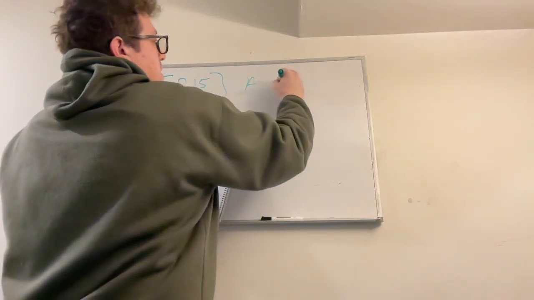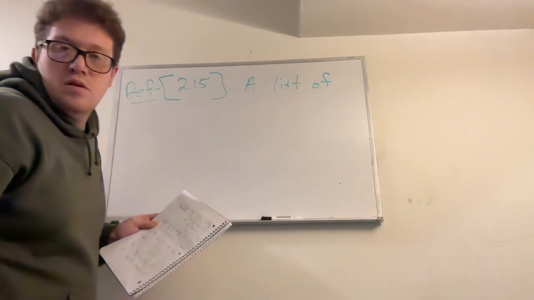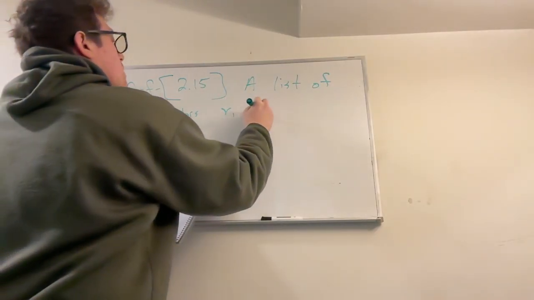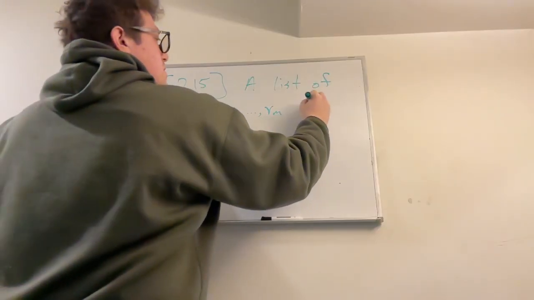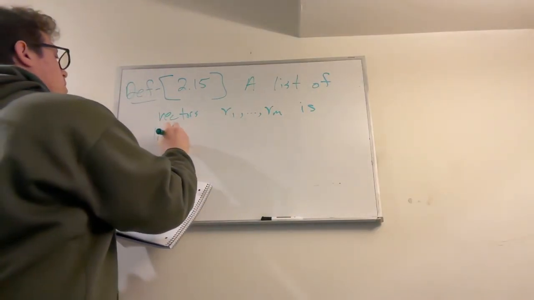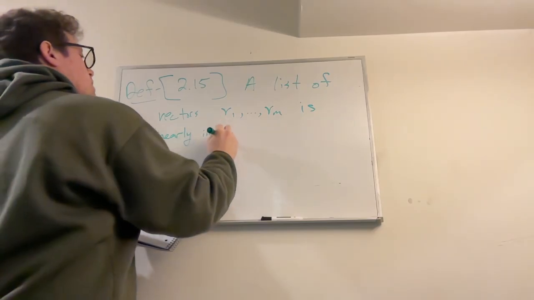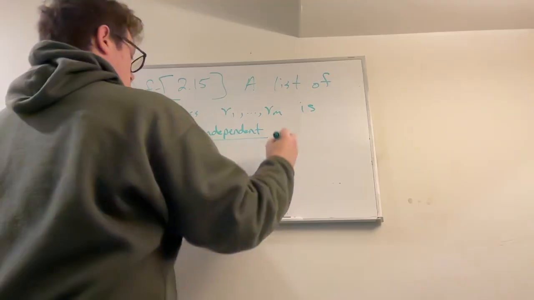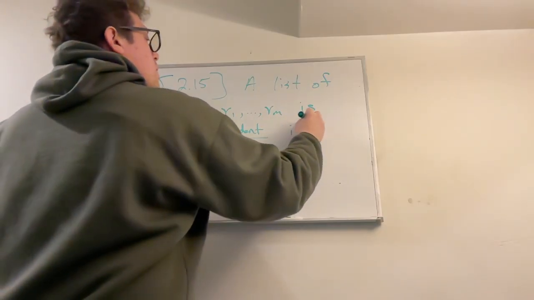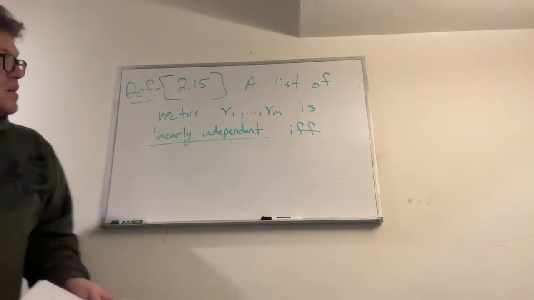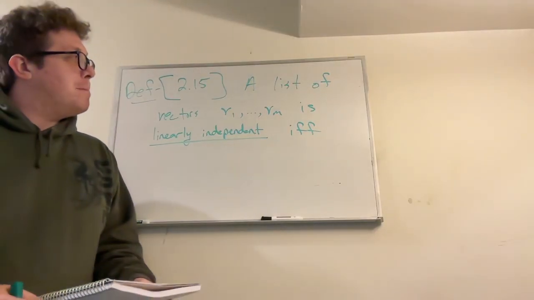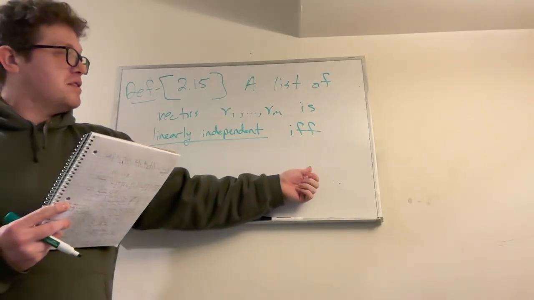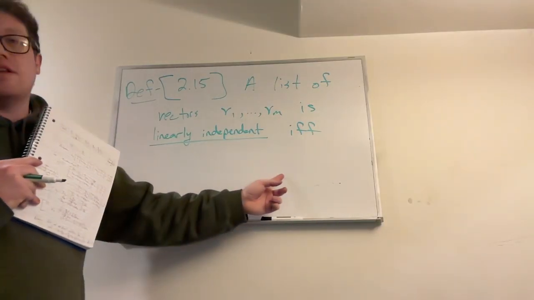So now a list of vectors is linearly independent if and only if, so this is basically the definition, you have a linear combination that's equal to the zero vector, and the only way that's possible is if all the scalars are equal to zero.